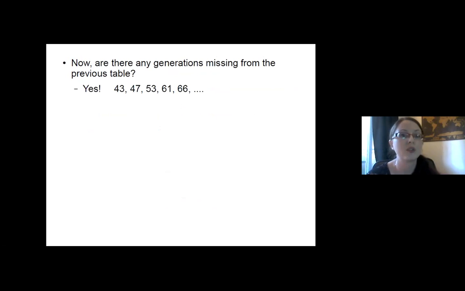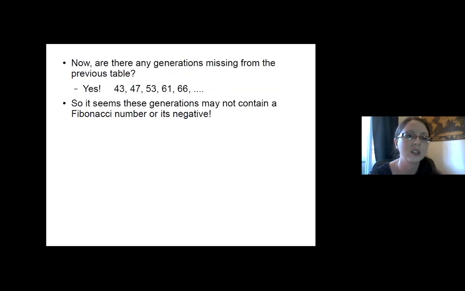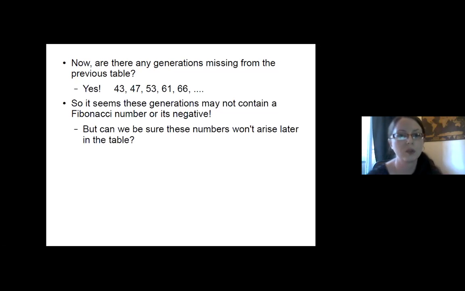Other numbers missing from the table: 47, 53, 61, 66. So it seems that generation 43 may not contain a Fibonacci number or its negative. But we can't be so sure because we only calculated up to the generations for the first 64 Fibonacci numbers, and we don't know what's going to happen if we kept calculating that table.